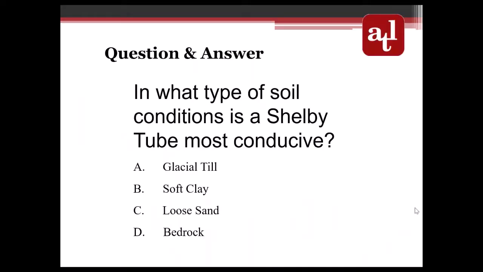Okay. Question number 3 was, in what type of soil condition is a Shelby tube most conducive? The answer for that would be B, soft clay.